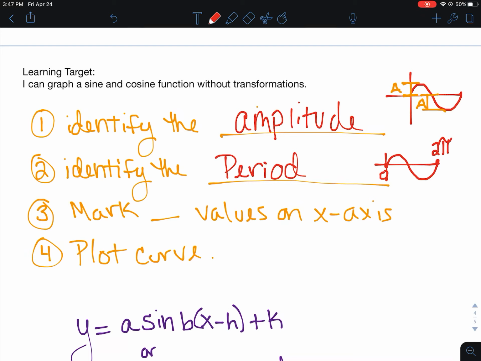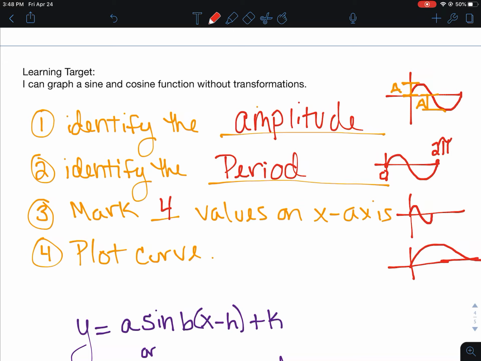It doesn't have to be 2 pi spaces, and so we'll look at adjusting that, meaning that maybe our graph gets closer together, maybe our graph gets extended further, something like that. So that's what the period is going to do, and we have to figure out where it should start and where it should stop. We're going to mark 4 values, so we're going to cut the period into quarters, mark those 4 values on our x-axis, and then plot our curve.